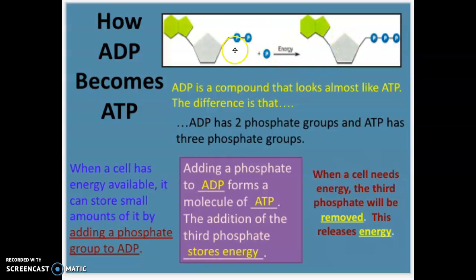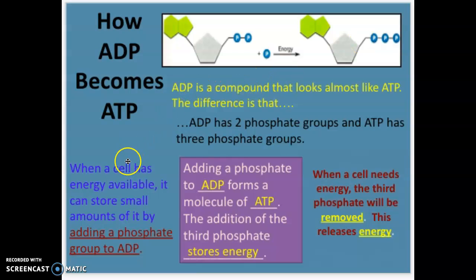So the exchange from ADP to ATP means that energy has been added to the molecule. Also, the phosphate has been added. When we add that bond, it requires energy. When we need energy in the cell, we'll break this bond, and that energy can be harnessed by the cell to carry out life processes.